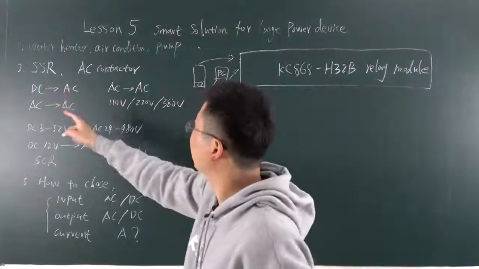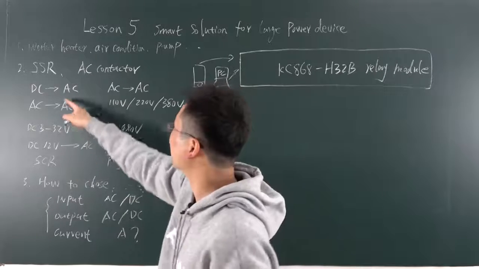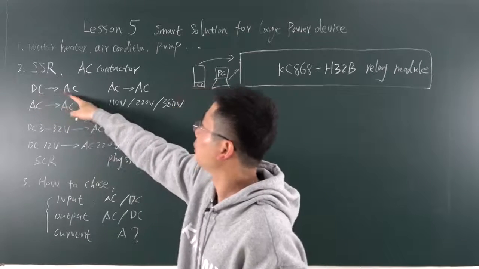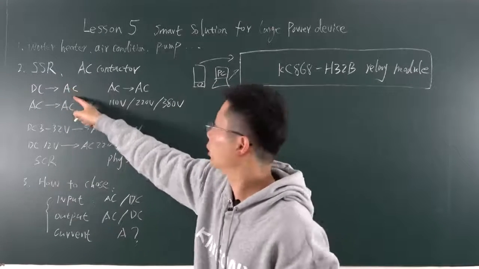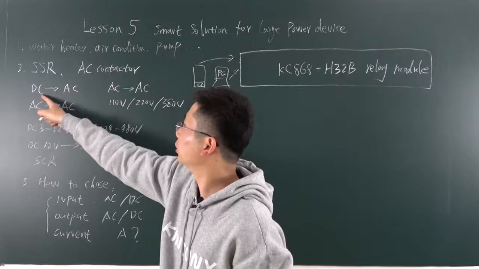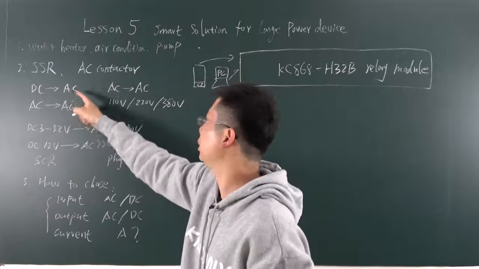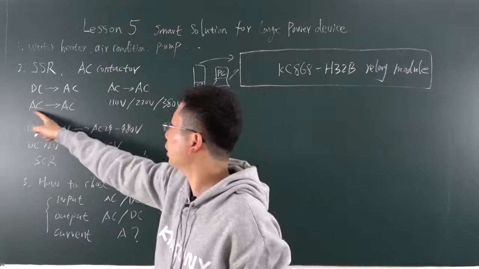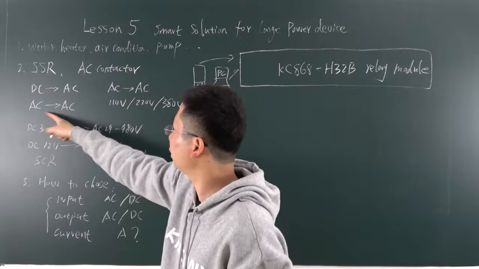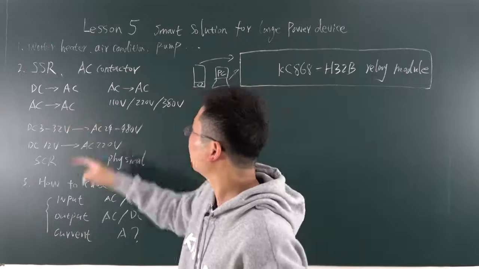The SSR has two types. One uses DC to control the AC output: the input is DC and the output controls the AC load. The other is AC controlling AC, where input is AC and output is AC.